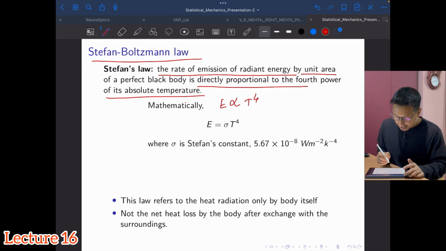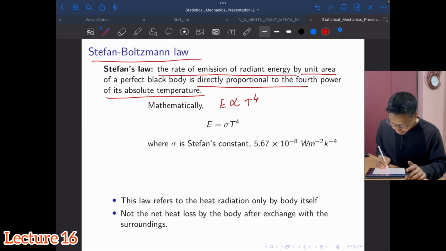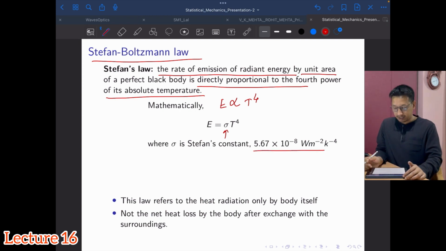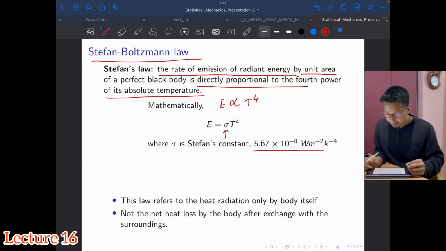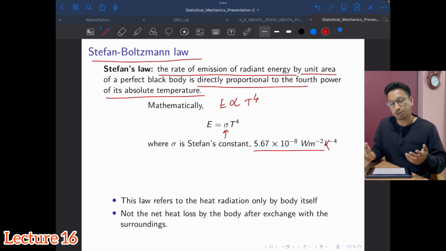If you put a constant ahead of this temperature term, which is represented here as sigma, that is known as Stefan's constant, and its value is 5.67 times 10 to the minus 8 watt per meter square per Kelvin to the power 4. So that is Kelvin to the power minus 4.